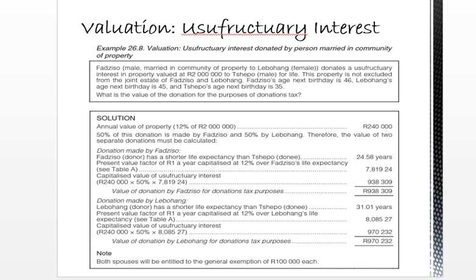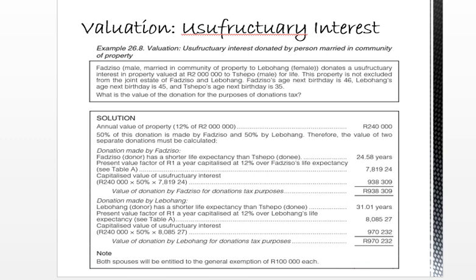This property is not excluded from the joint estate of Fadizo and Lebogang, and Fadizo's age at his next birthday is 46, whereas Lebogang's age would be 45, and Sepo's age is 35. So what is the value of the donation for tax purposes?